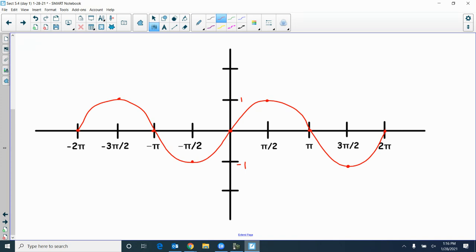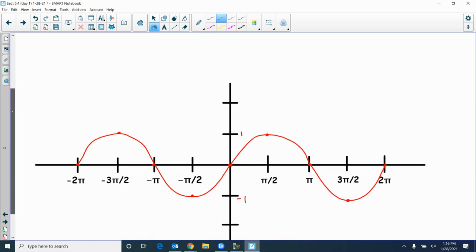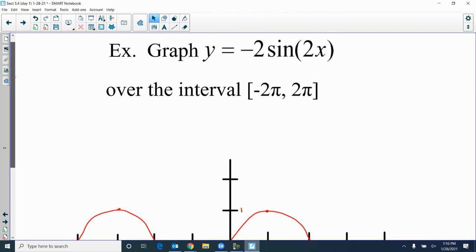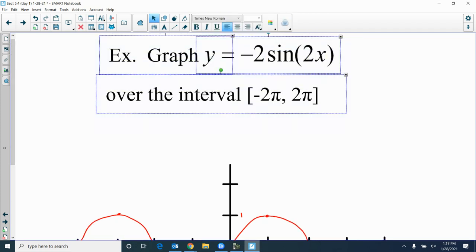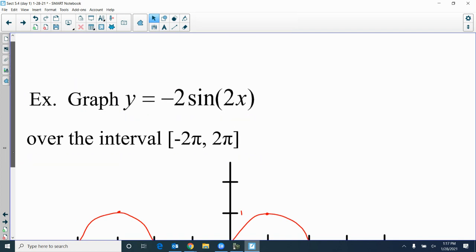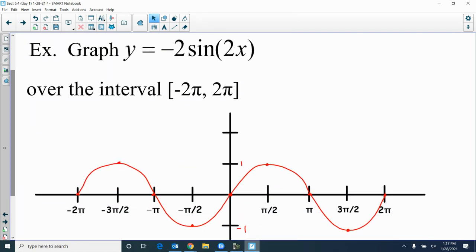All right, now if you look at the equation, the first 2 is going to stretch it. But what does the negative do? Remember what that negative does. It's going to reflect it over which axis?